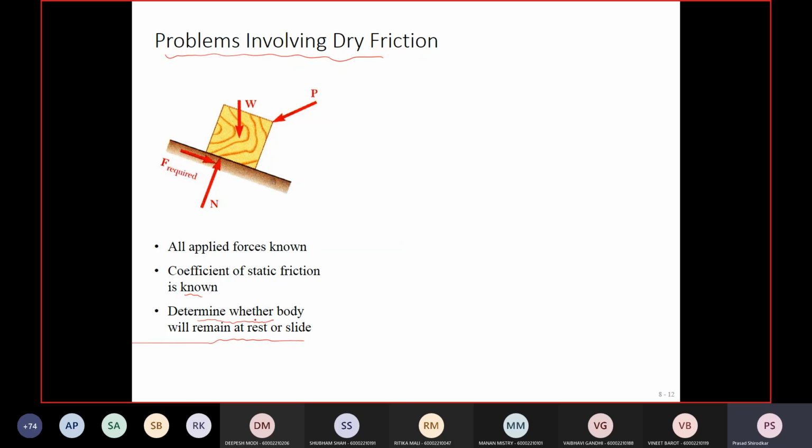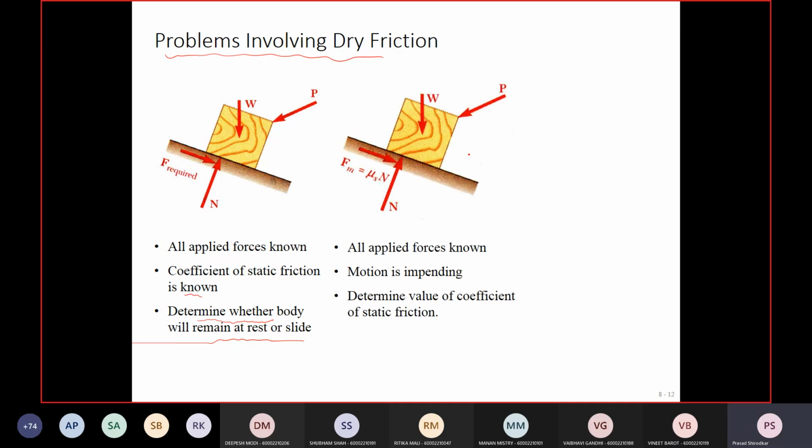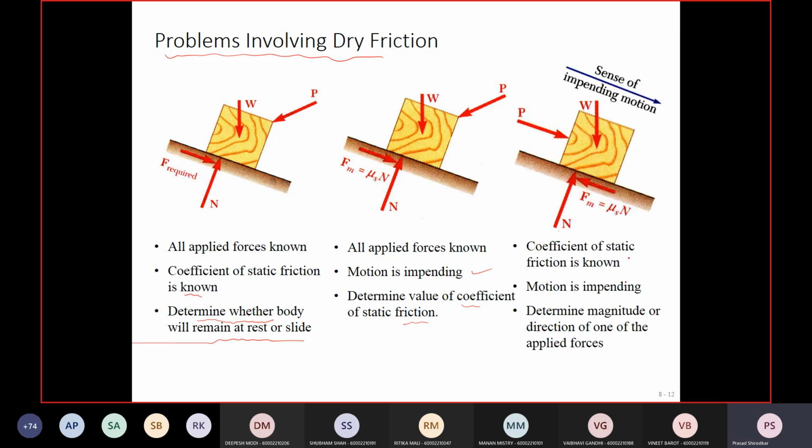In the second case, all the applied forces are known, motion is impending, and you have to find the coefficient of static friction. Third type: the coefficient of static friction is known, the condition is given that motion is impending, and you have to determine the magnitude and direction of the applied force. Broadly, you can classify the problems which involve a block into these three types.